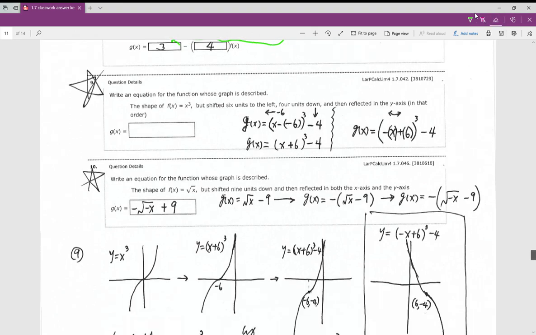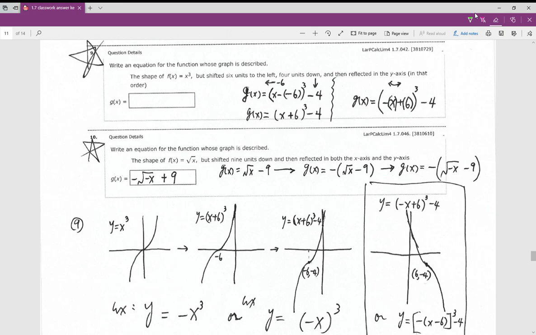Now for number 9, you want to pay attention to that. It's pretty hard. For the number 9 question, I have an extra graph to show you. It's different when you have negative to the x or negative to the y. It makes a big difference. Understand? When you have a cube function, you probably don't see any big difference.